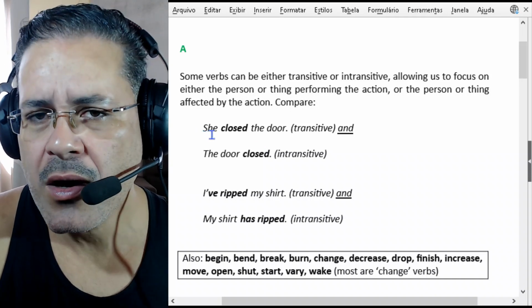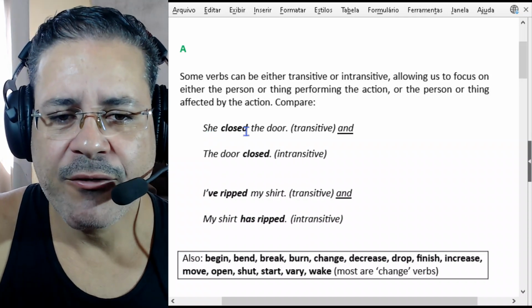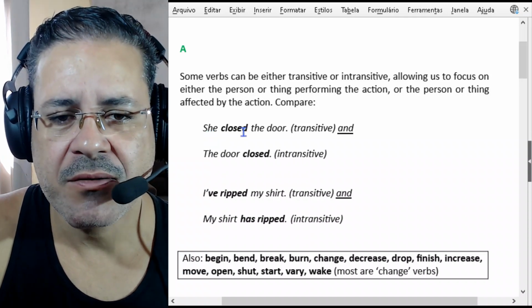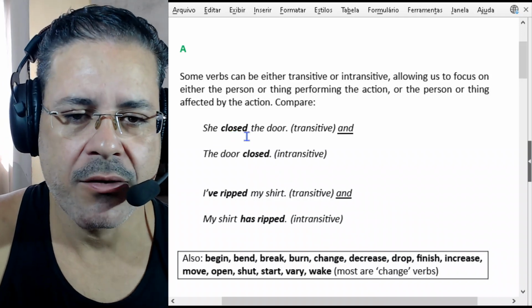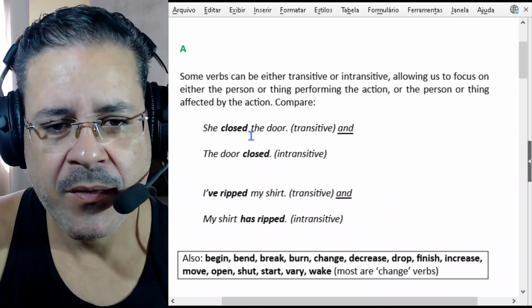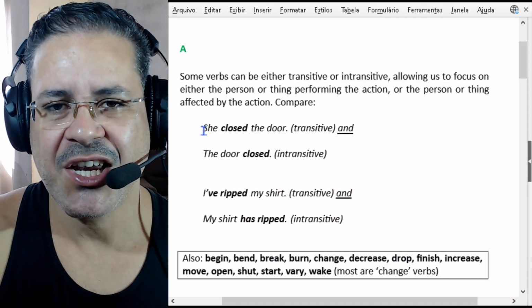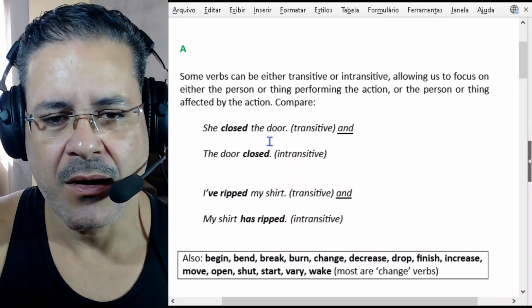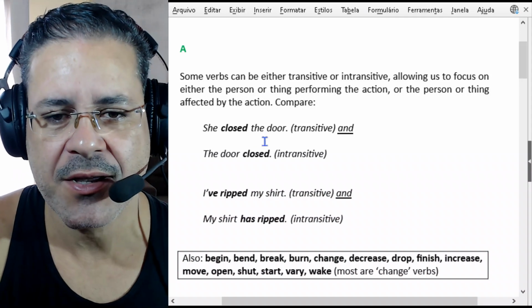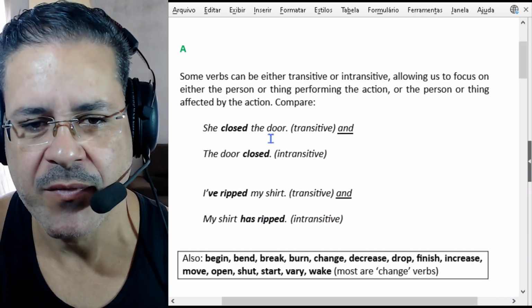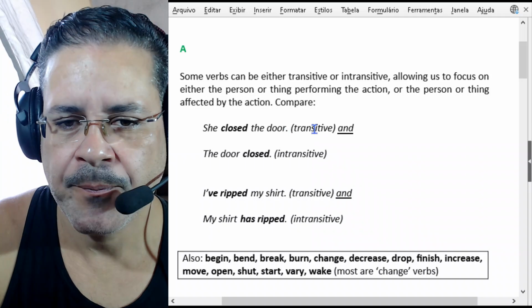She closed what? The verb requires an object. She closed what? She closed the door. The door was closed. She practiced the action of closing the door, and the door, with the object, suffered the action. So this is a transitive verb.